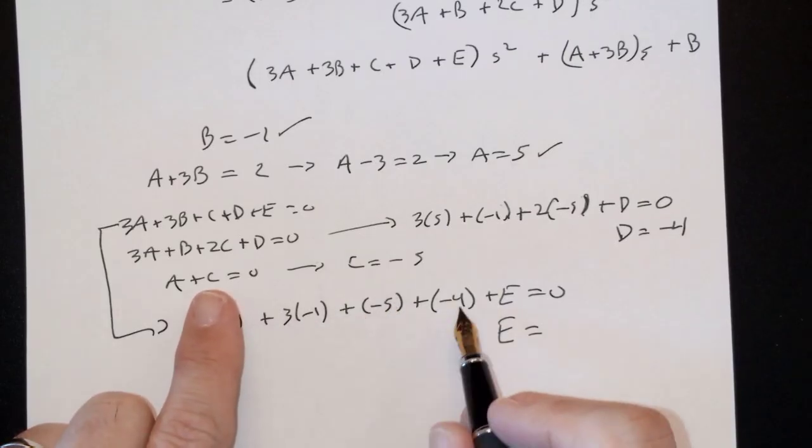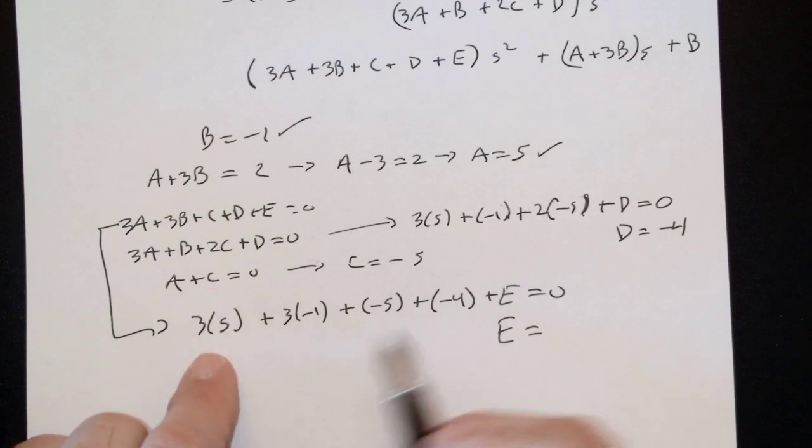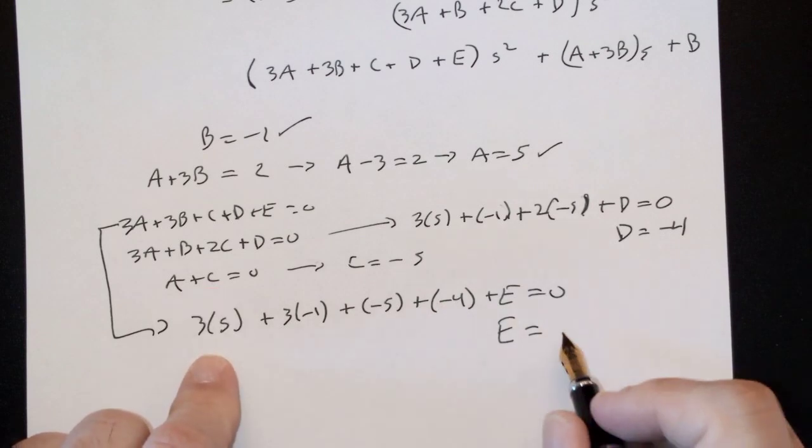Minus 3, minus 5 is minus 8. 4 more is minus 12. 15 minus 12 is 3. When I move it over, it's minus 3.